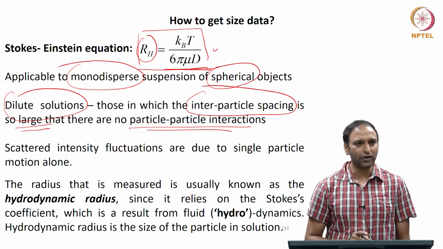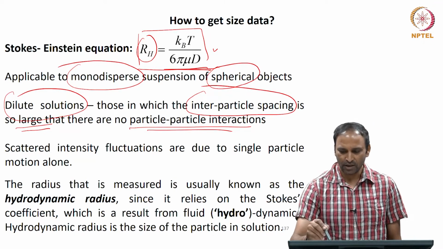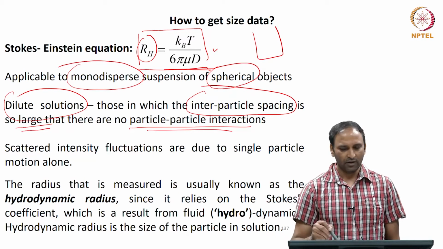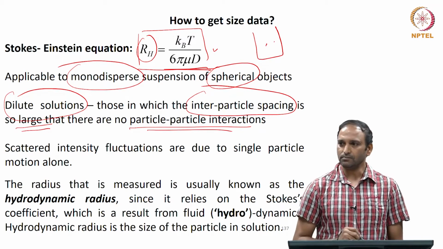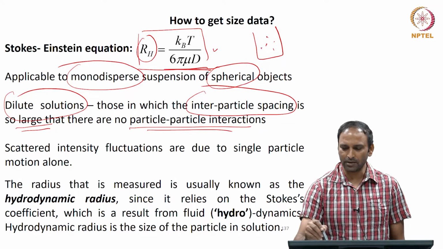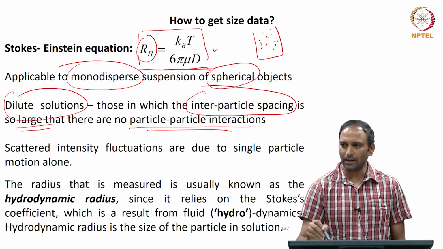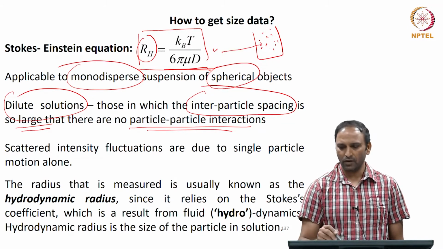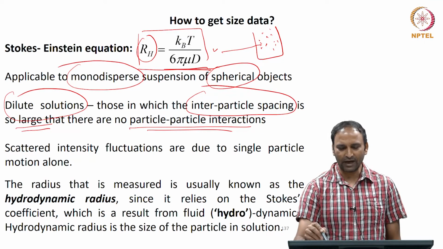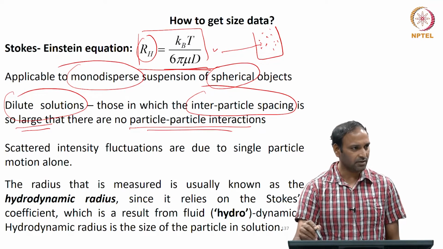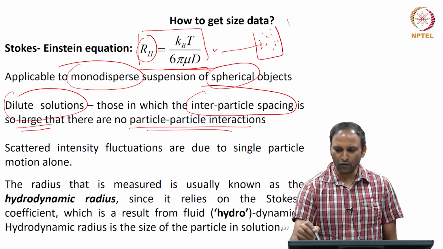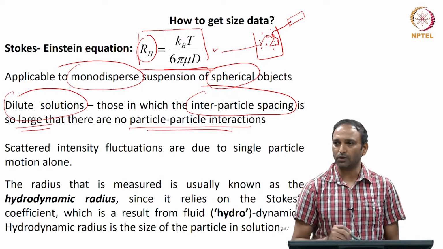The second reason why you should be working with dilute dispersions is that if you have too many particles, your incident beam is diffracted or deviated when it hits a particular particle, and before it comes to the detector, it may hit many others and come out.